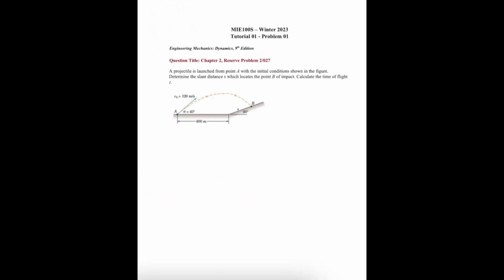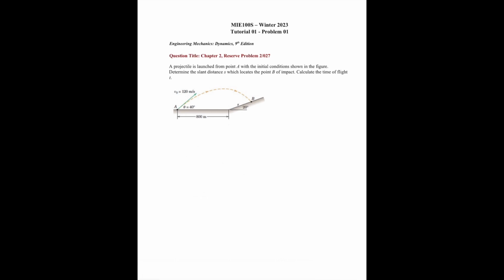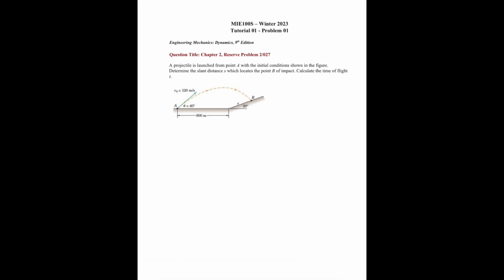Our fourth and final question: a projectile is launched from point A with the initial conditions shown in the figure. Determine the slant distance s, which locates the point B of the impact, and calculate the time of flight t.